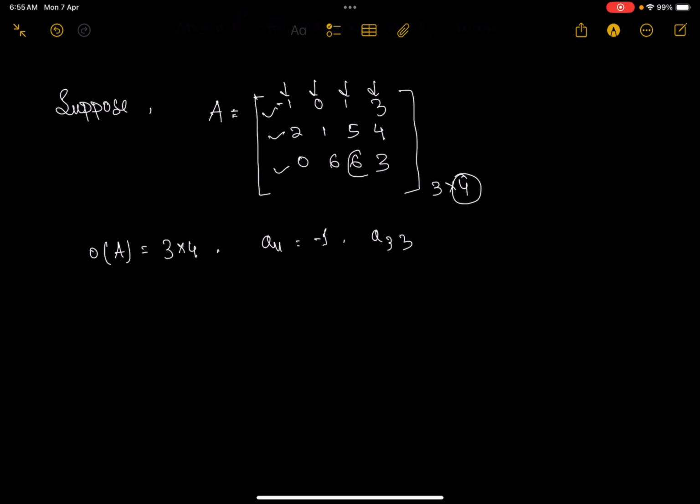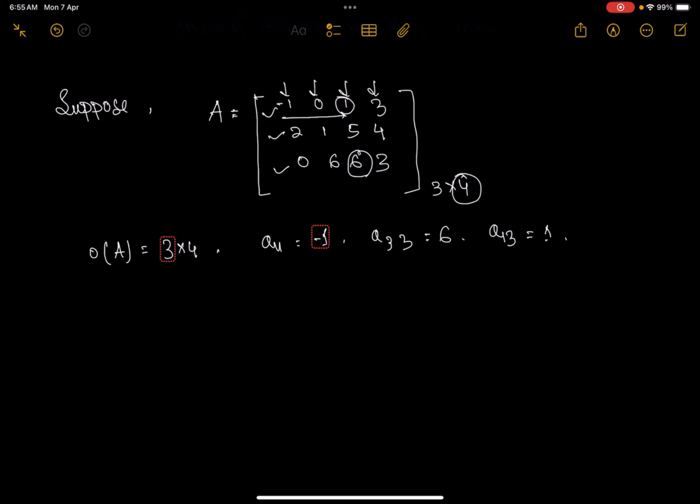This is 6. So we can also find A of 1 comma 3. For A of 1 comma 3, we go to the first row and third column position. This is the element, so this is 1.